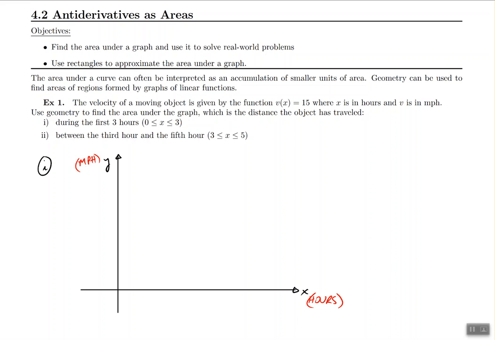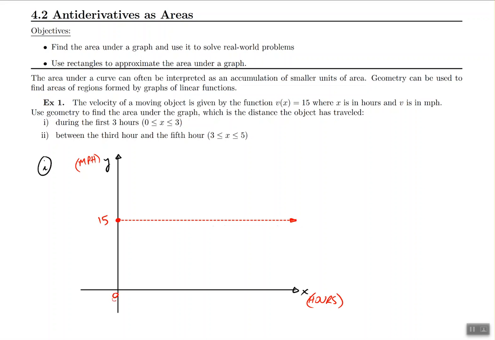Since velocity is constant and time cannot be negative, we get a graph that looks sort of like this. The graph does not cross into the negative side, but stays on the right side in the first quadrant, and it's always the same. That's why it stays horizontal.